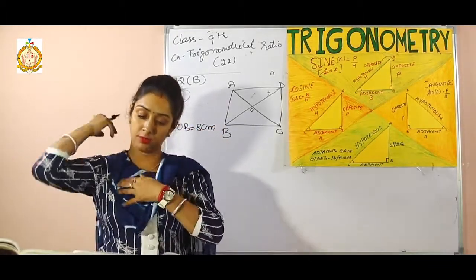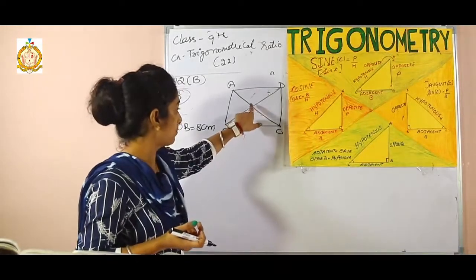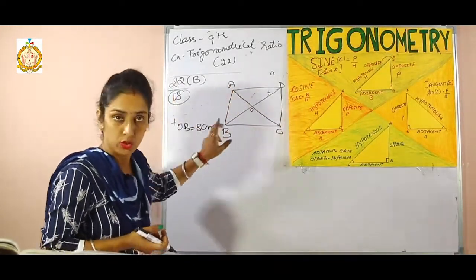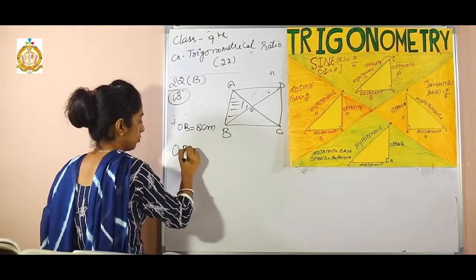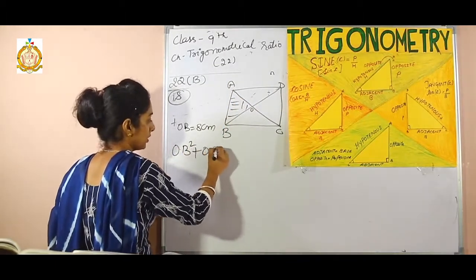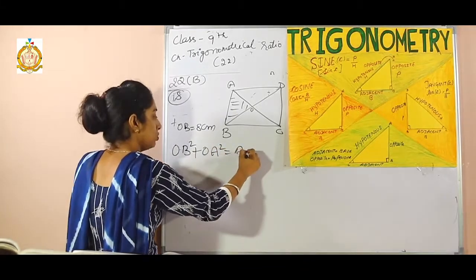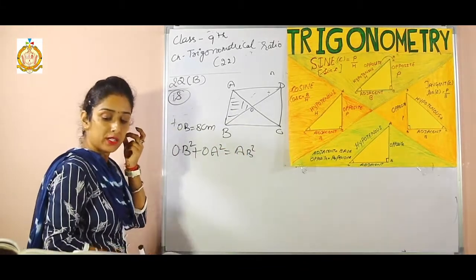And again we have OB square plus OA square is equal to AB square. We have first taken this triangle: OB square plus OA square is equal to AB square. Now what is OB?